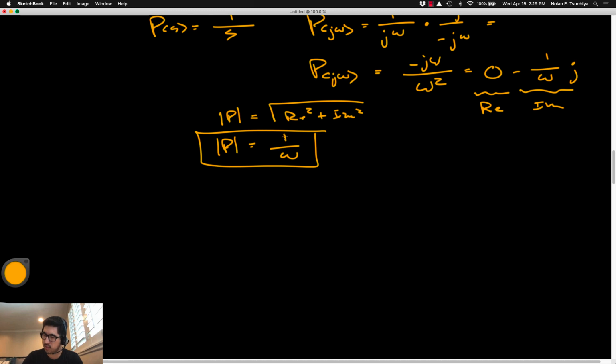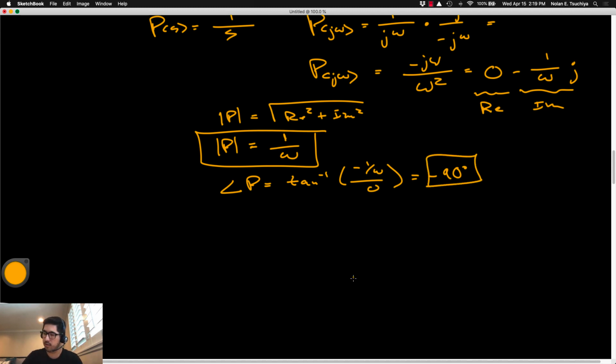So this is inversely proportional to the frequency that you input. For the phase, we just plug into our formula, arctangent of the imaginary part over the real part, which is 0, which gives us negative 90 degrees. Okay, so for all frequencies, the phase is going to be a constant value.